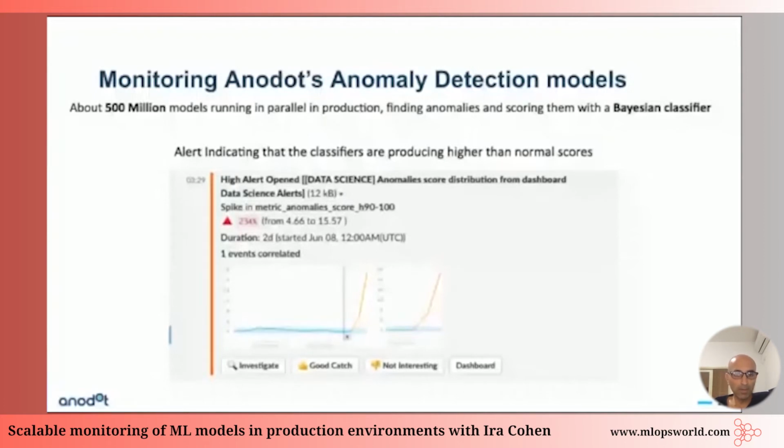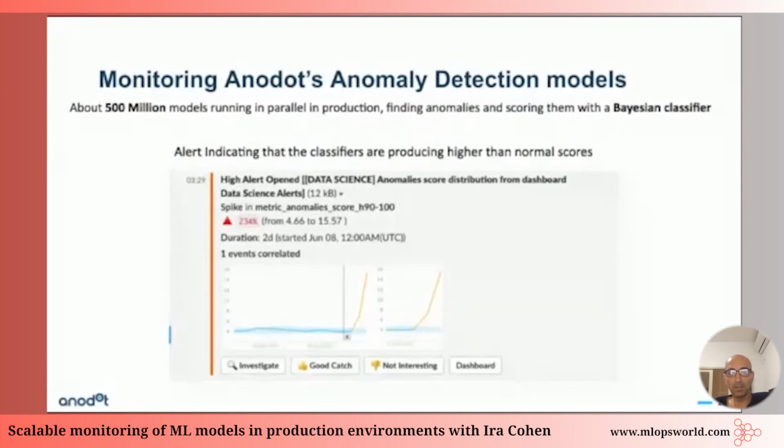This is an alert that we got a few days ago, I think from June 8th. For every anomaly that we find, we have a classifier that decides what the score of this anomaly is. You can think of it as a classifier or a regression. It basically gives a number between 0 and 100, which is bucketed in buckets of 10.